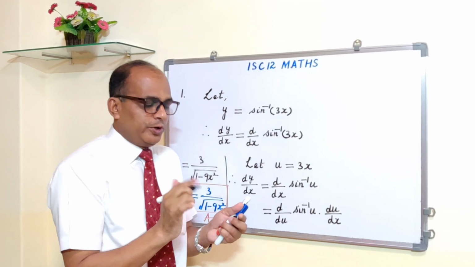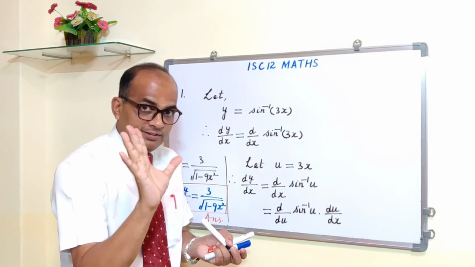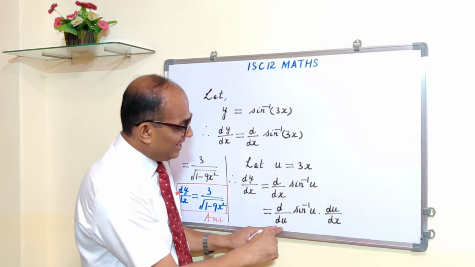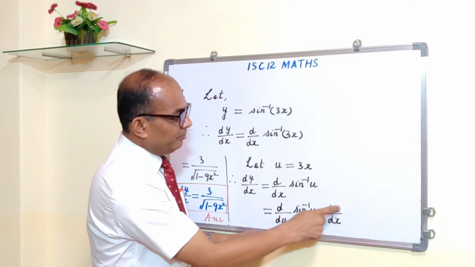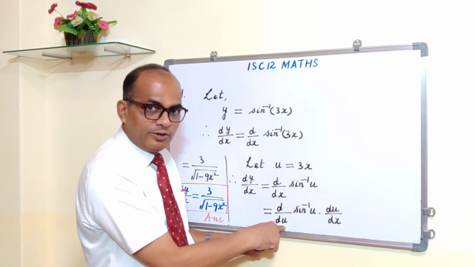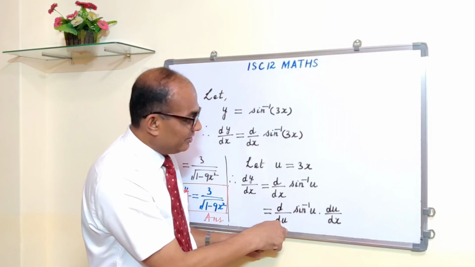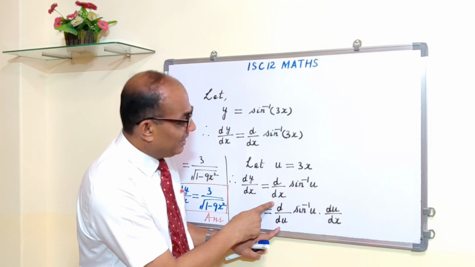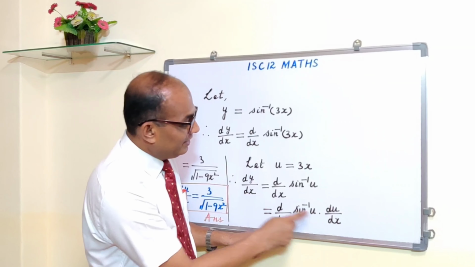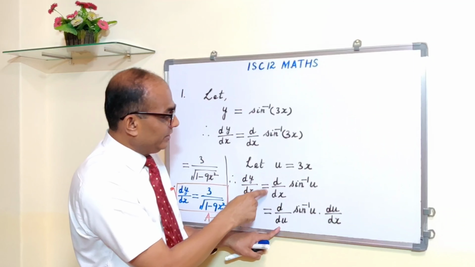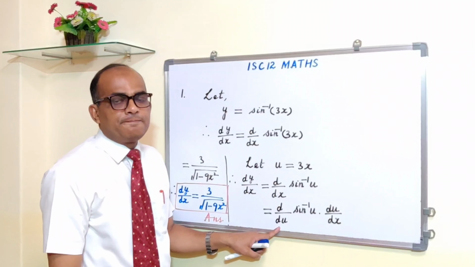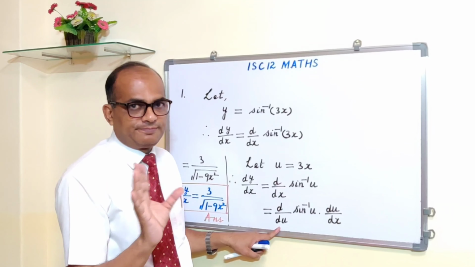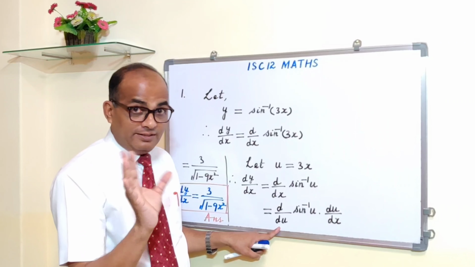For understanding point of view only, if you cancel this du with this du, because this is in the numerator and this is in the denominator, we are left ultimately with d dx of sine inverse u. Fine, see the adjustment. Though we cannot cancel that.